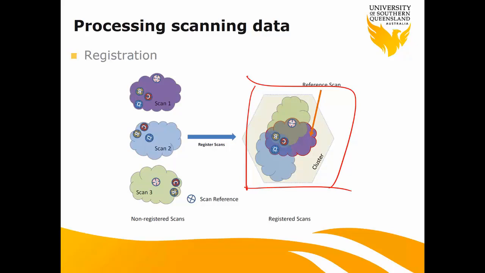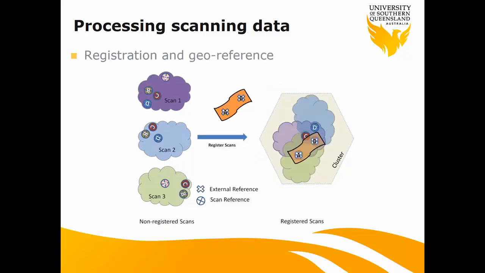It's just that the software selects a reference scan station and uses that station's local coordinates as the local coordinate system. Then if we know the coordinates for some targets, or even some scan stations, we can do a georeference. By the end of a georeference, we have put them in a specific coordinate system.